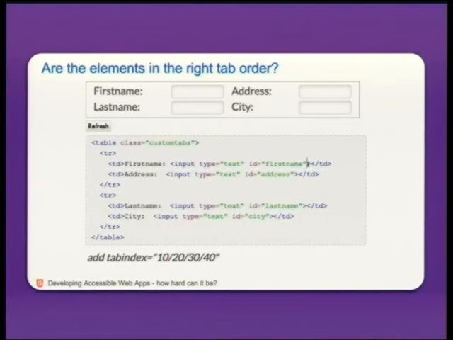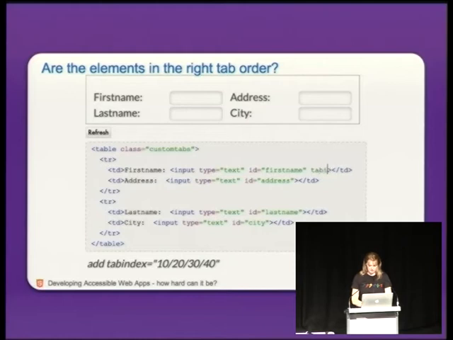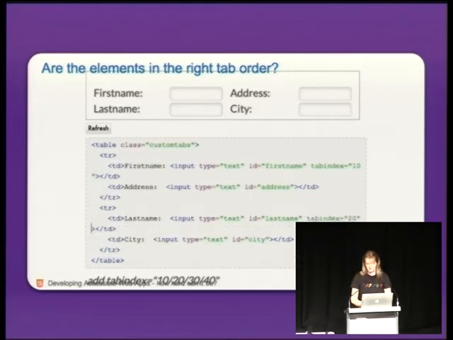In this case, you can't use tabindex equals 0, because tabindex 0 will still retain the tab order in DOM order, the way it's written in your code. But you can overcome that by giving it explicit numbers, let's say 10, and then last name next as tabindex equals 20. I'm using 10 and 20 rather than 1 and 2 so you're a bit more flexible. You can later push other elements in between them.